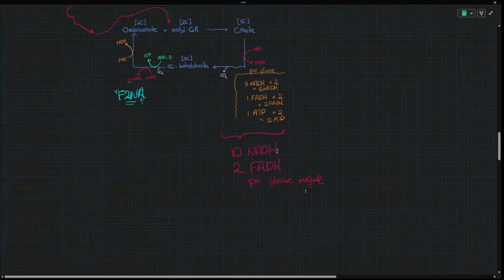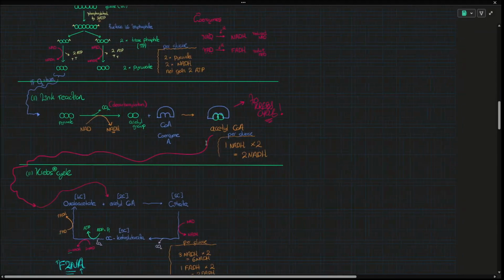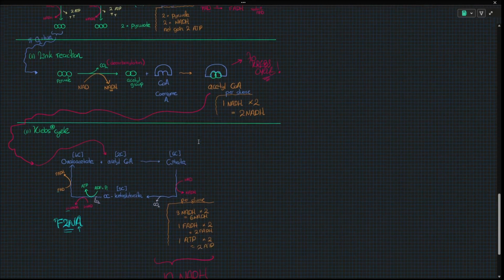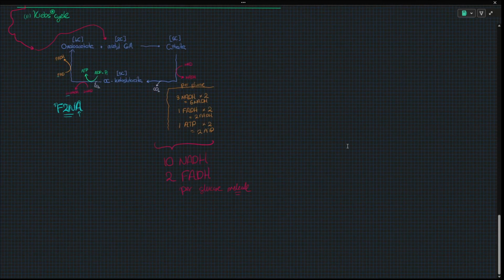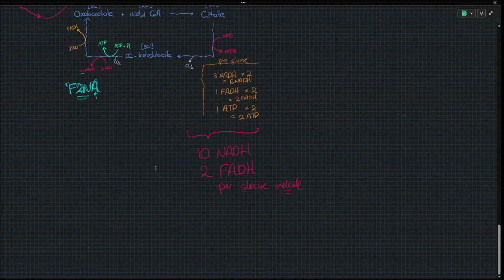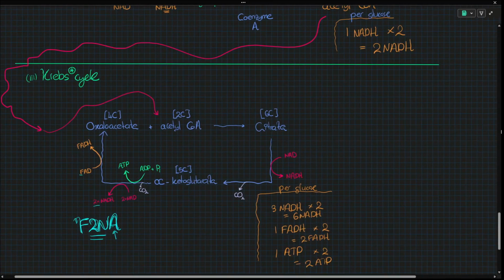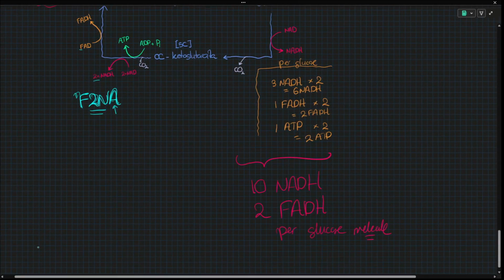If you take the sum of all these reactions, all these coenzymes and ATP molecules produced out of all three reactions, this is the final sum: 10 NADH, and a total of 2 FADH molecules along with 2 ATP. But we'll forget about ATP right here. We'll just focus on the coenzymes because those are going to be important, and why and how, let's answer that now.